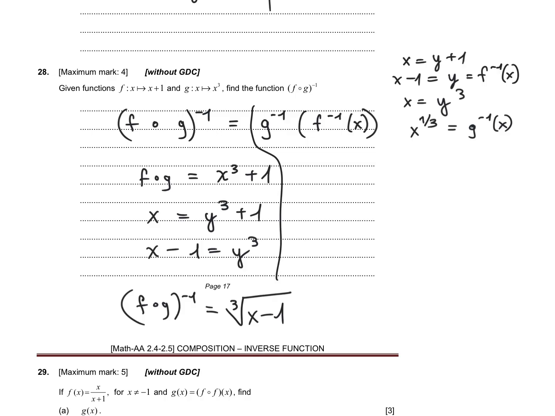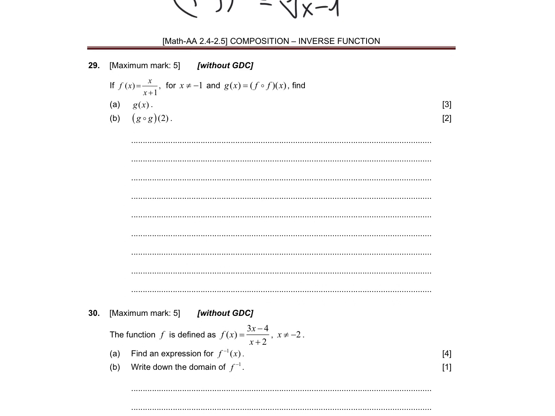So if we do the f inverse, x minus 1, into the g inverse function, which is x to the 1/3, that's this one, which is exactly what we got.